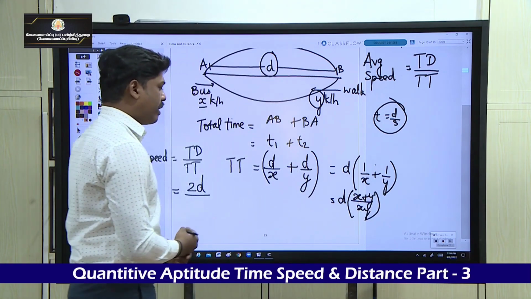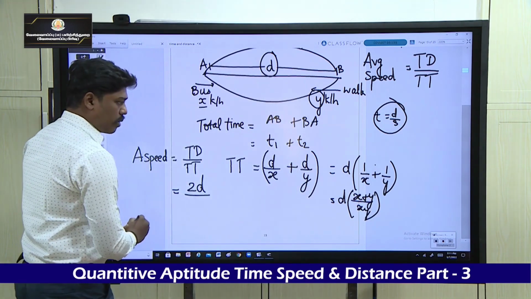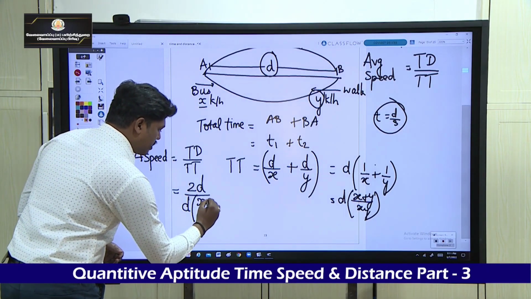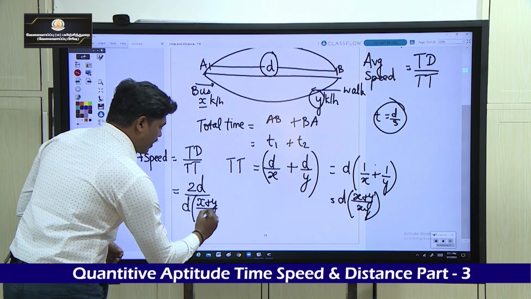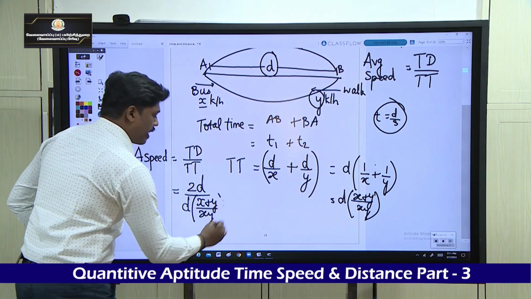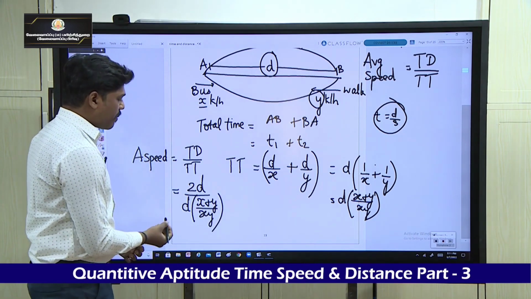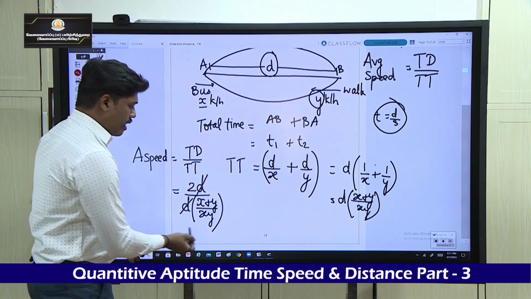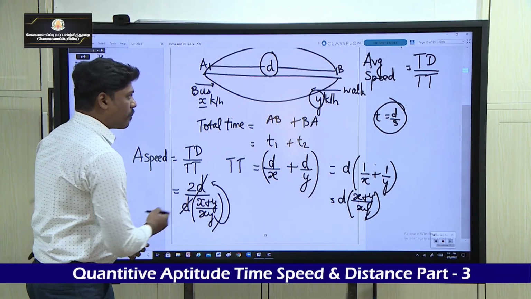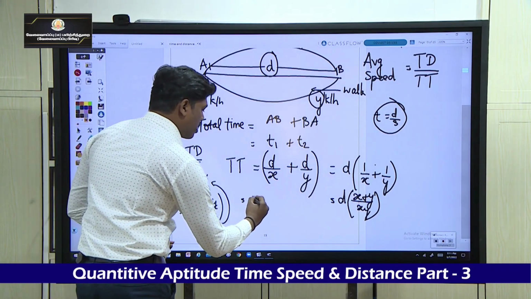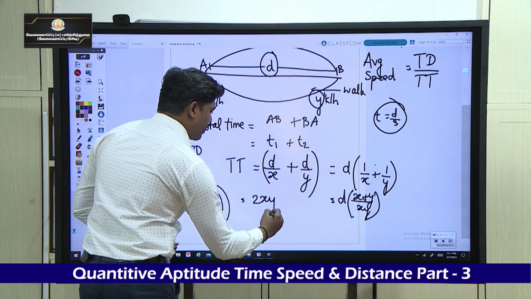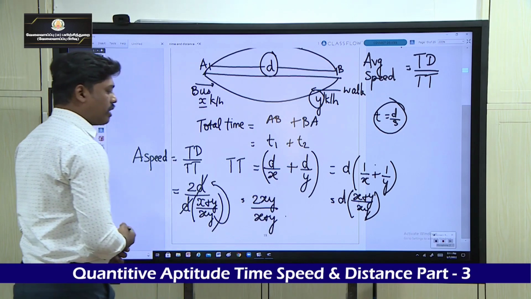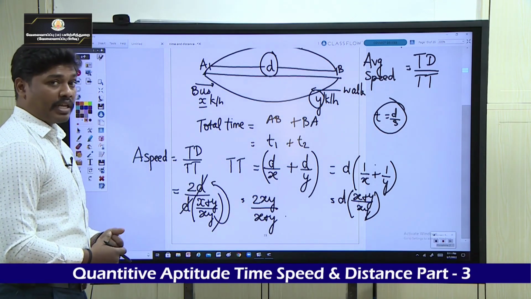This is the total time taken, which means D into (x plus y) divided by xy. Now the distance gets cancelled and this xy goes to the top. You will have 2 into xy by x plus y. That is the formula for average speed.